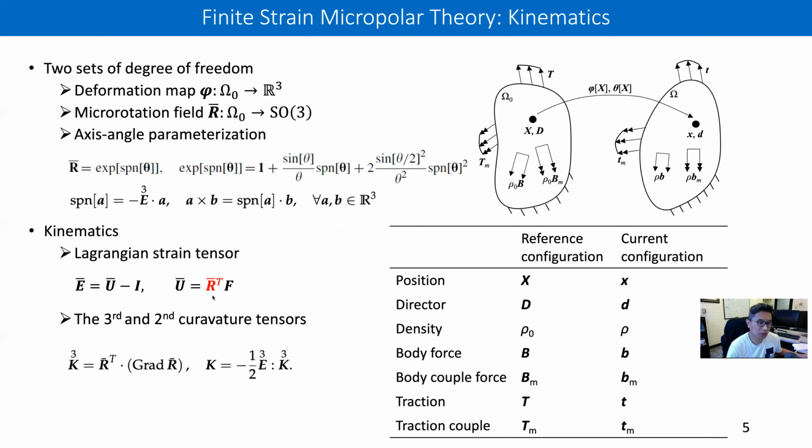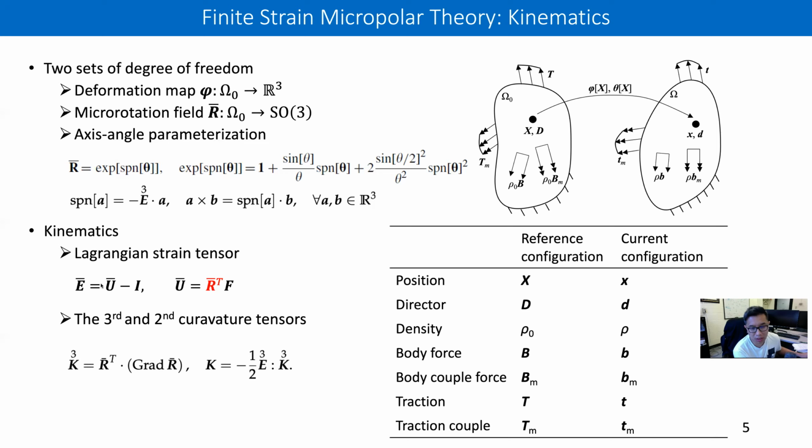Here we show the Lagrangian strain tensor, and like in classical Cauchy continuum, the Green-Lagrange strain tensor is related to U minus I, the identity tensor. The only difference is that U is no longer just the polar decomposition of the deformation gradient, but is also related to the R hat, which is related to the microrotations.